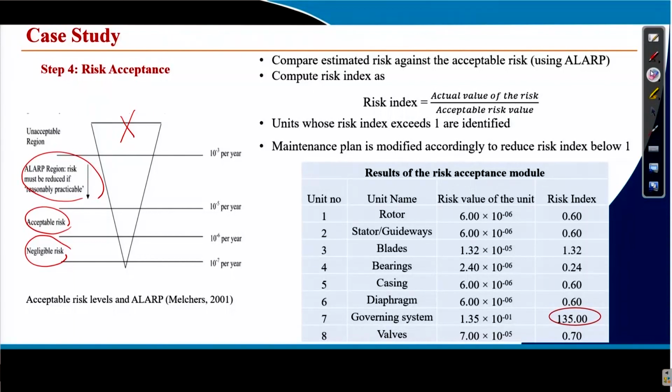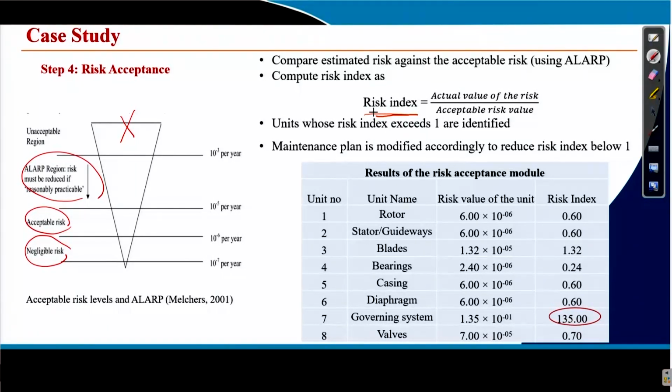So, using this ALARP risk values given by Melchers 2001, this is the approach we followed: we first found out the risk index for each of the units.